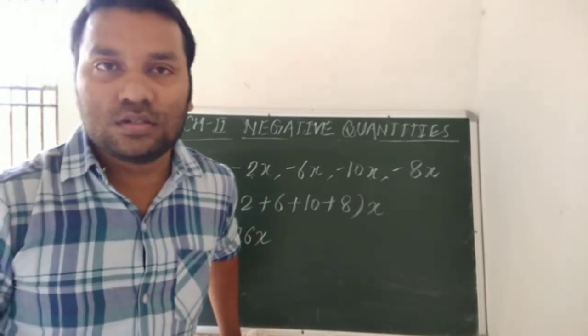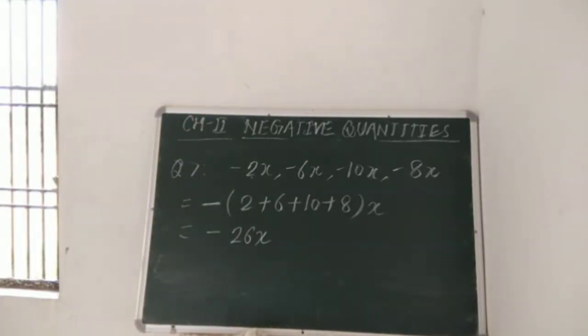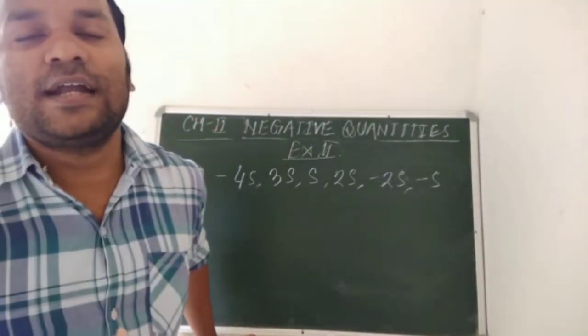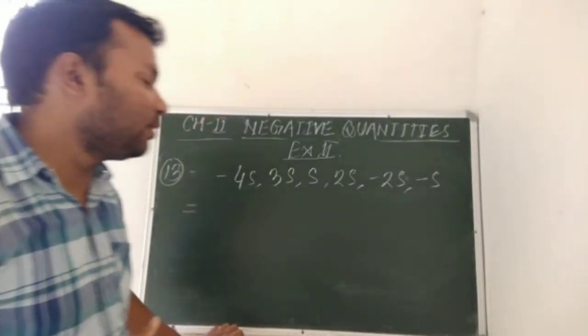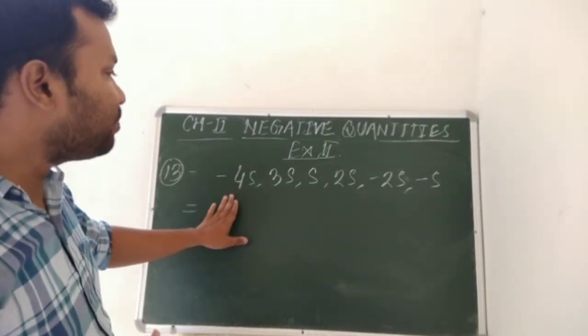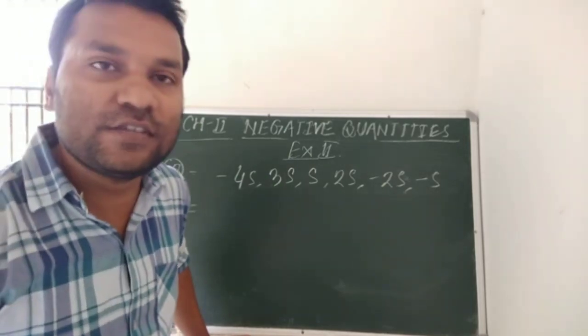Now let's talk about rule number 4. Let's try to understand rule number 4 with the help of this example. In this example, as you can see clearly, we have some positive terms as well as some negative terms.